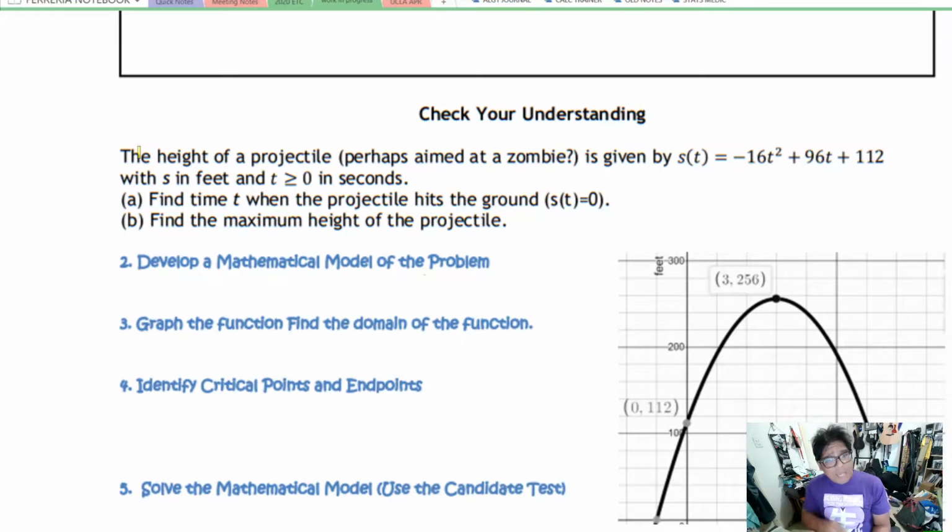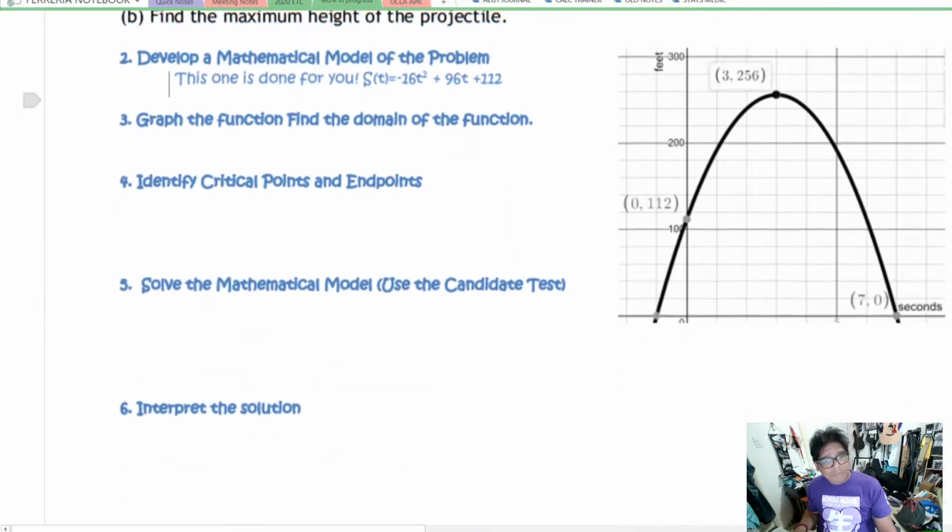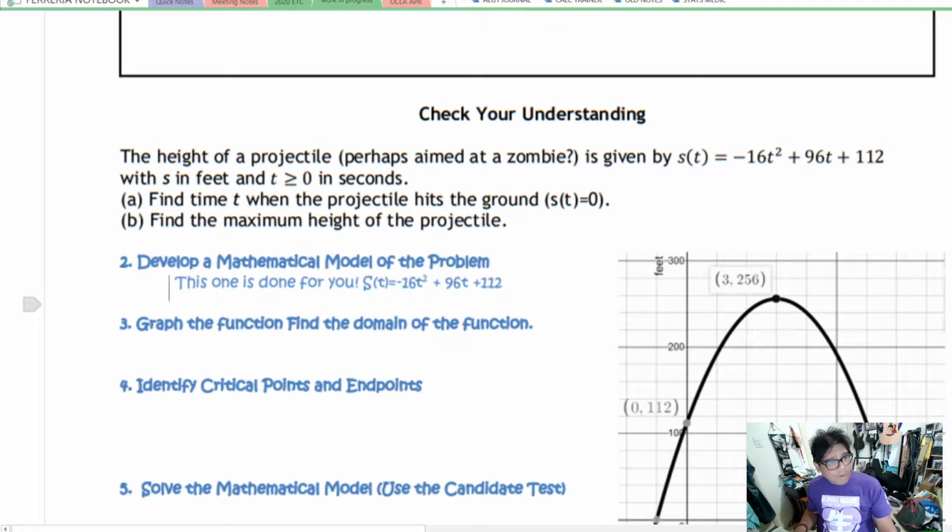Let's develop the mathematical model of this problem, and really there's not a whole lot to do here. The mathematical problem in this case is already given to you. It's s of t equals negative 16t squared plus 96t plus 112, where s is the height of the projectile. Graph the function.